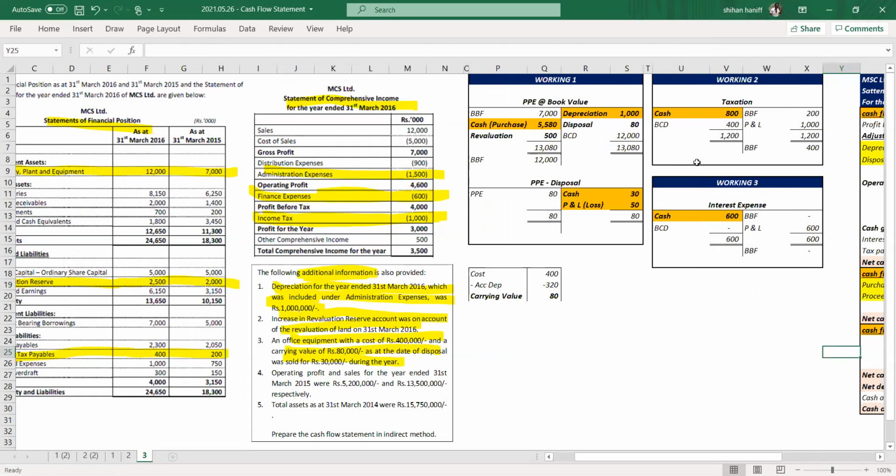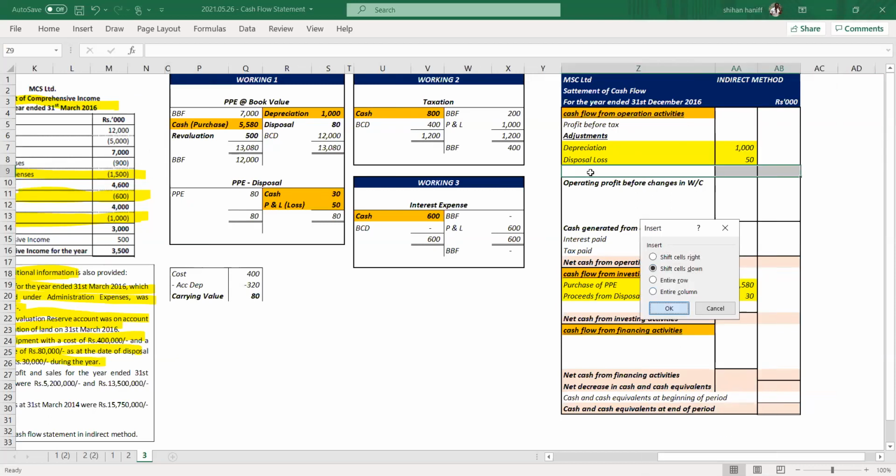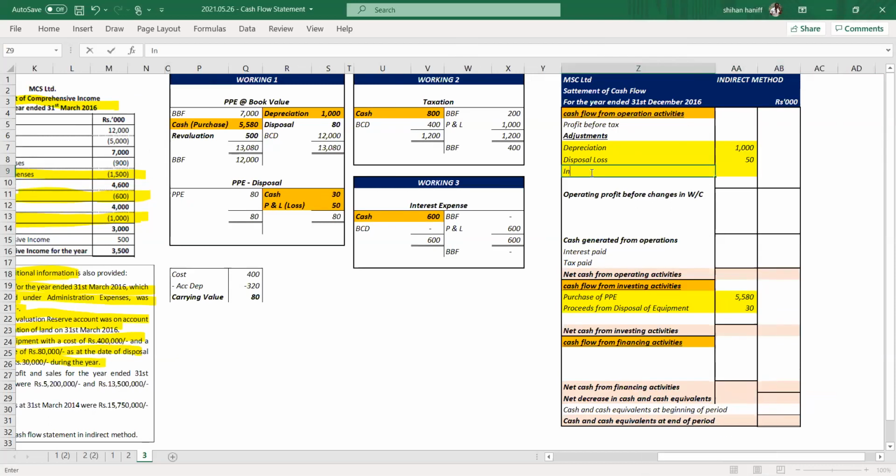So let's record here. Interest expense will be added. Interest expense 600. Interest paid minus 600.